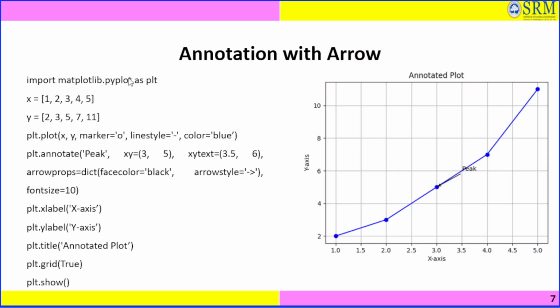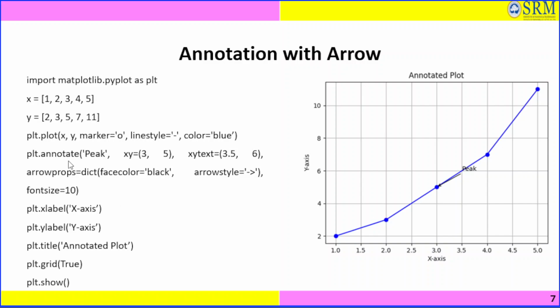Annotation with arrow. Here we have created x, y. We have called the function plot(x, y, marker='o', linestyle='--', color='blue'). So this line will create this plot with the xy values. Here the marker is this dot, the line style is a dashed line, and the color of this line is blue.